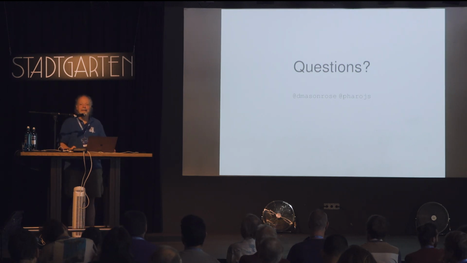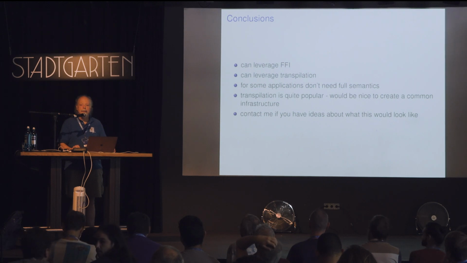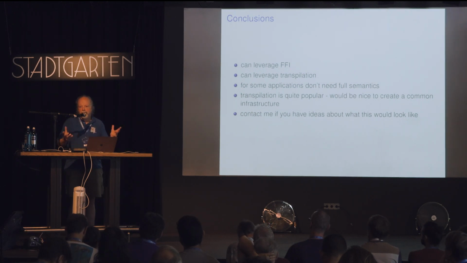So in your previous slide, you were talking about the common infrastructure for transpilation. When you explain transpilation, you said we have the source AST, which is the same for all the different targets, and then you have a target AST that is different for each target. So can you expand a bit more? What are your ideas on that? So PharoJS is sort of the most complete transpiler that I'm aware of.